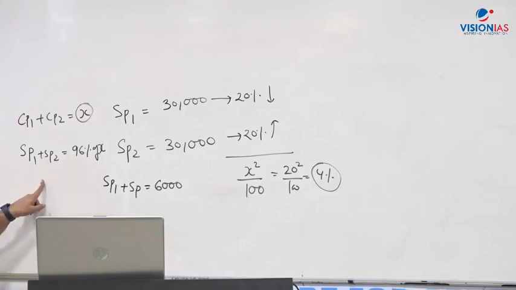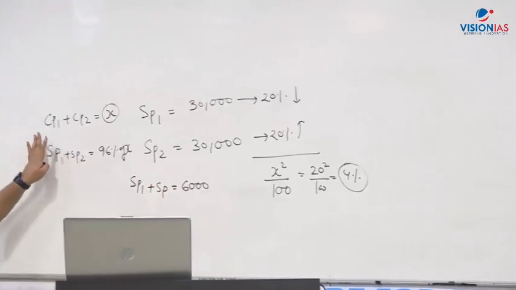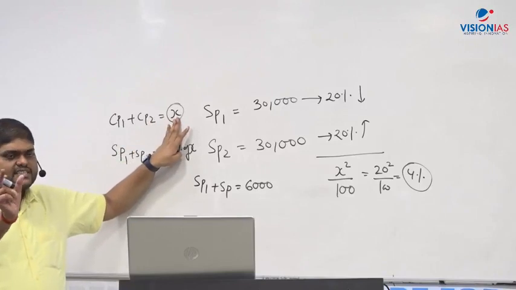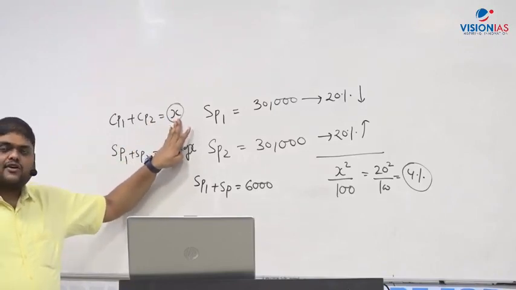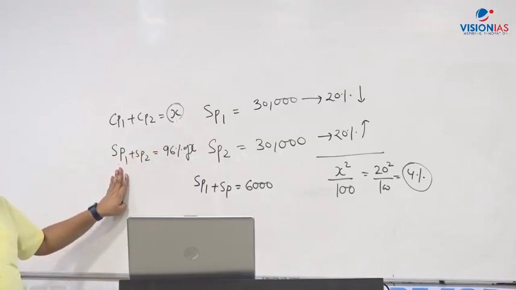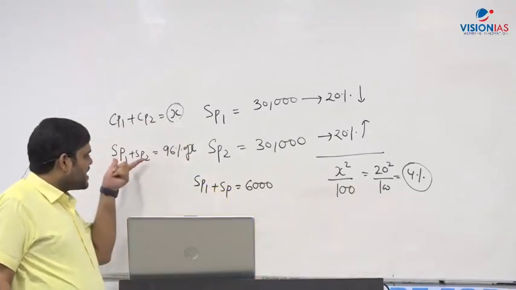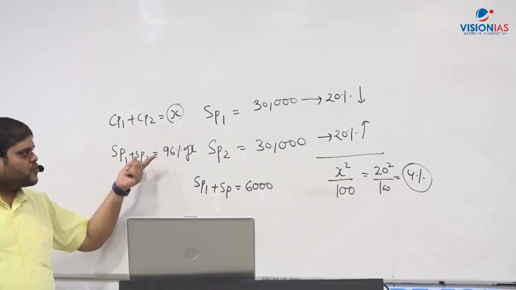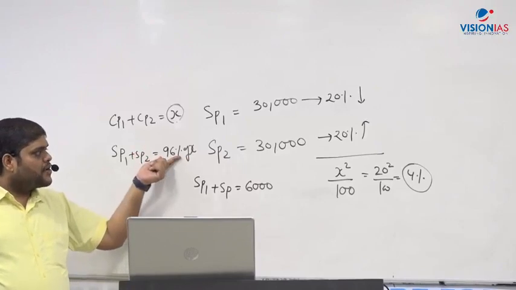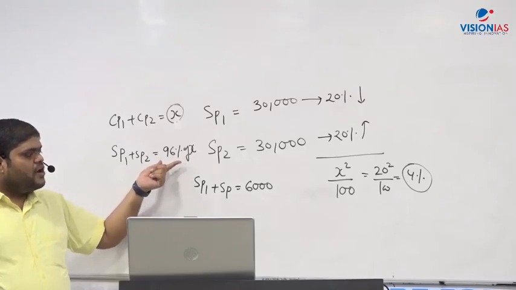Why am I saying all this? Dekho, there are 2-3 ways, and I will come to every way. First, let's do this way. CP1 plus CP2, the total cost price, is x. We are getting a 4% loss, so the combined SP1 plus SP2 is equal to 96% of CP, because there is a loss of 4%.